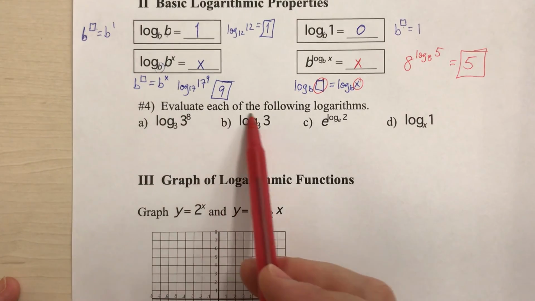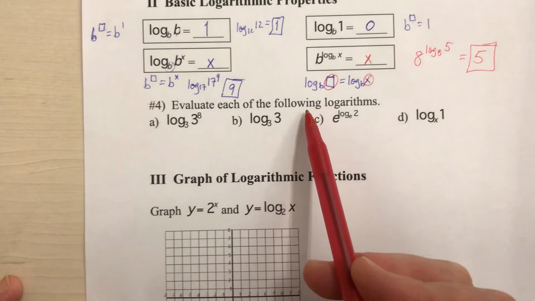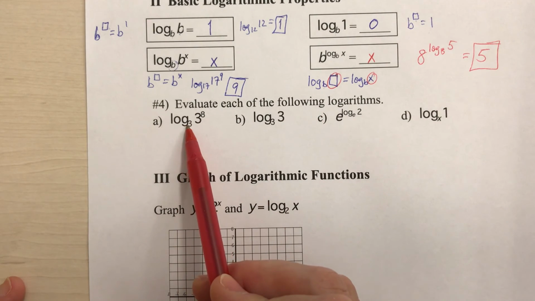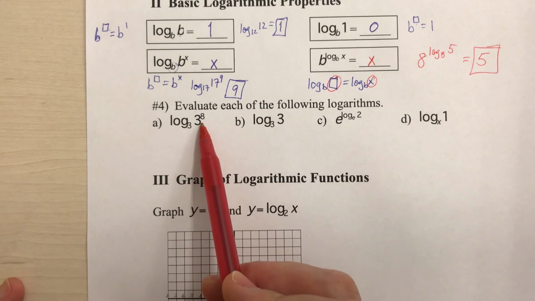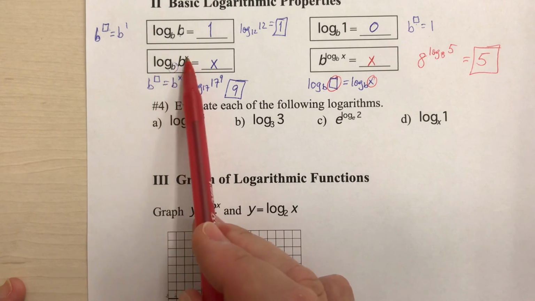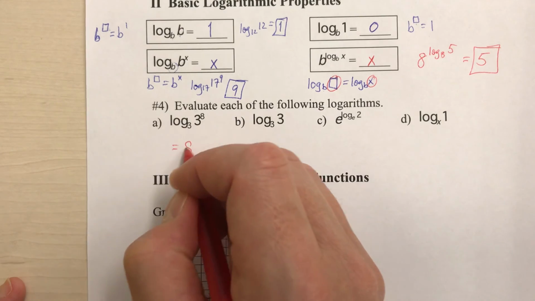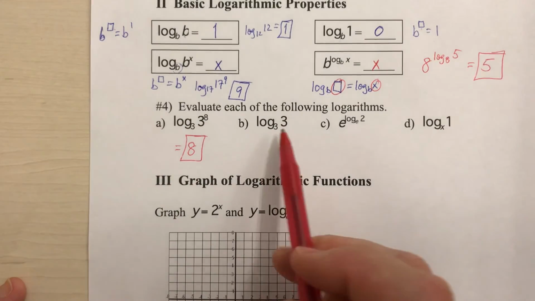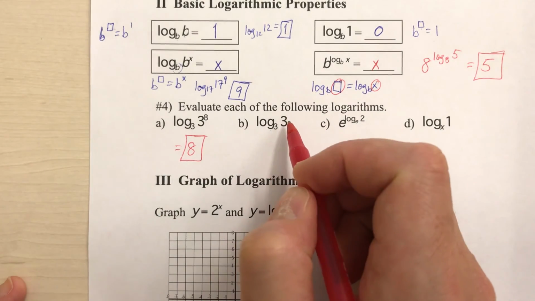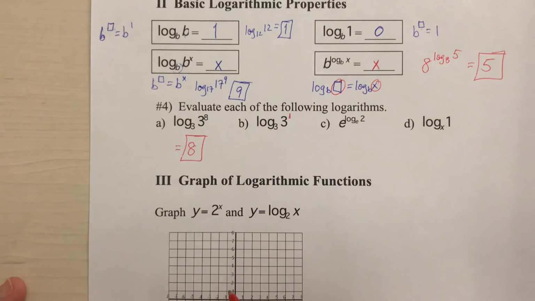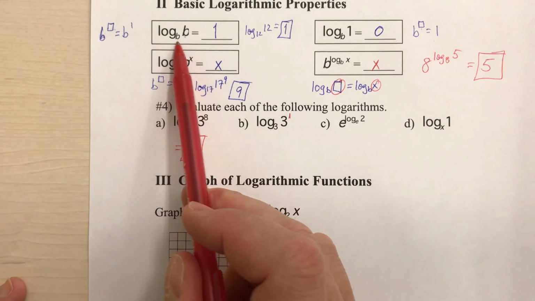Okay, so evaluate each of the following logarithms. The log base 3 of 3 raised to the 8th, well, that would be this property right here, and the answer is just the exponent 8. The log base 3 of 3, now that's like 3 to the 1st. That's this property right here.